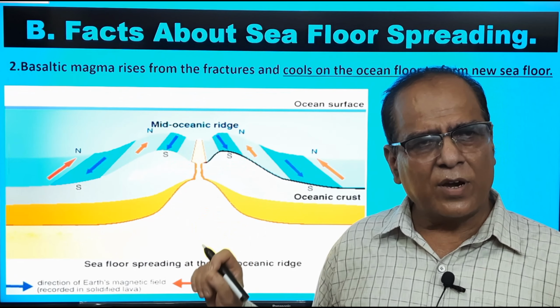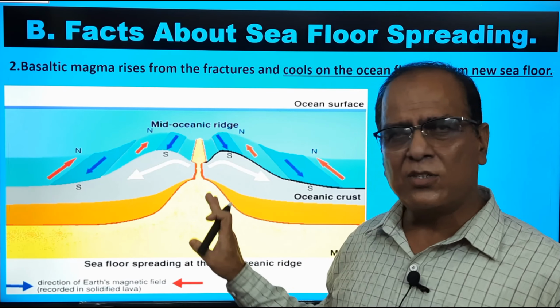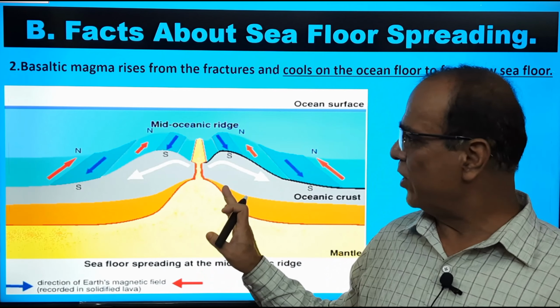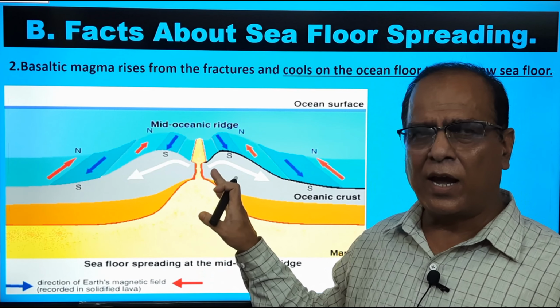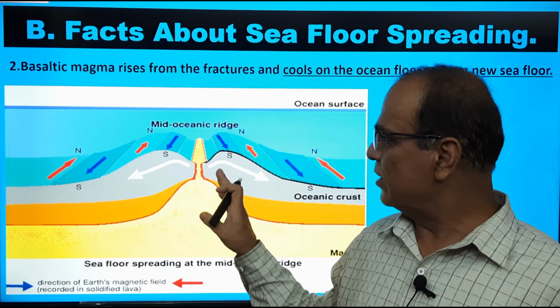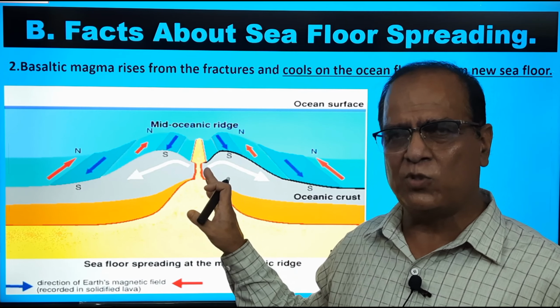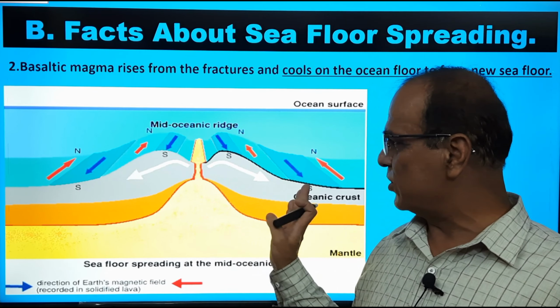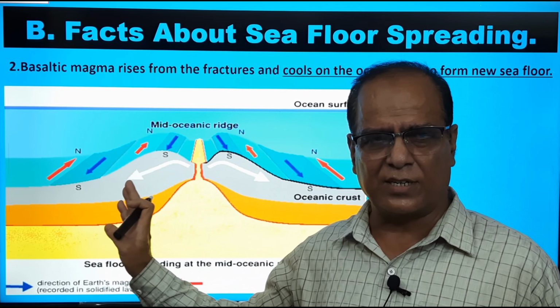Here what we are finding is that basaltic magmas are rising and getting solidified here, and from this place of origin, it keeps on moving in opposite directions, one towards this side and another towards this side.